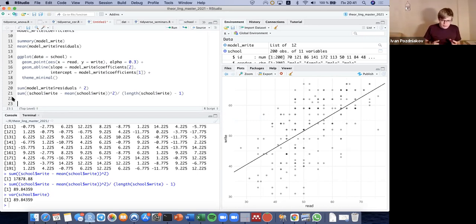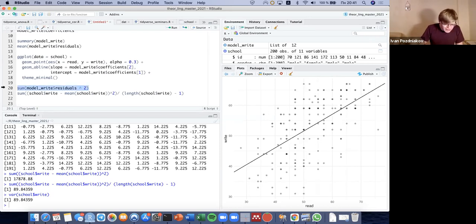So we want to have some predictors that explain why these values are low and these values are high. It's an intuitive understanding of this concept, at least for me.